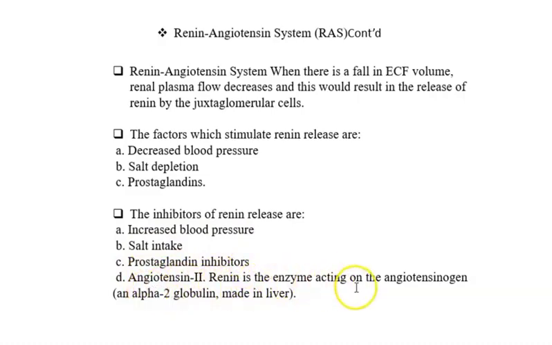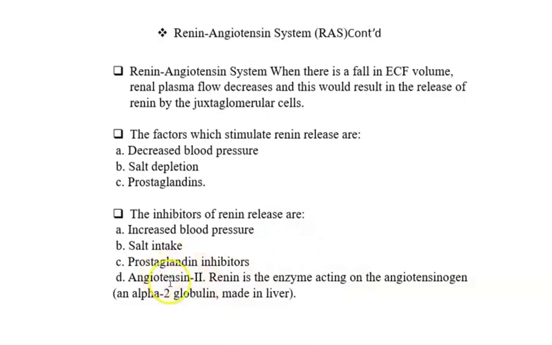So renin acts on the angiotensinogen to convert it to angiotensin 1. And another enzyme again, angiotensin converting enzyme, which is present in the lungs, will convert angiotensin 1 to angiotensin 2.